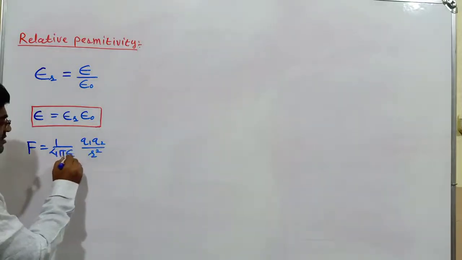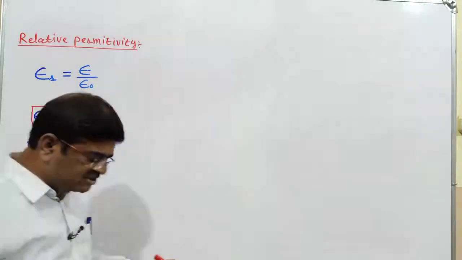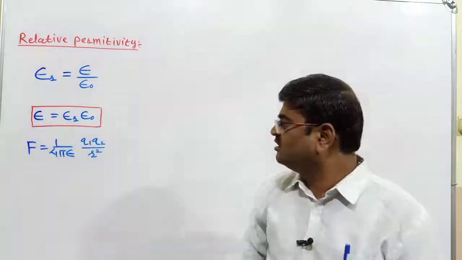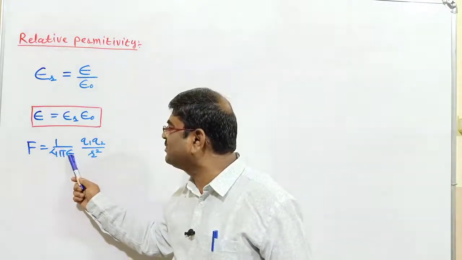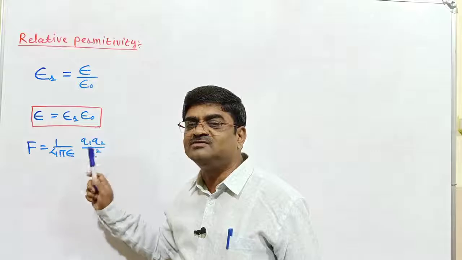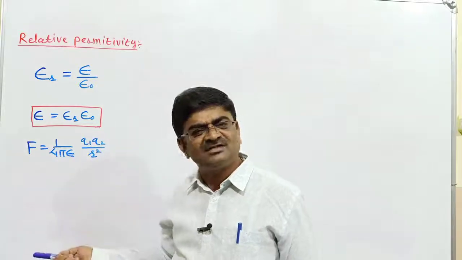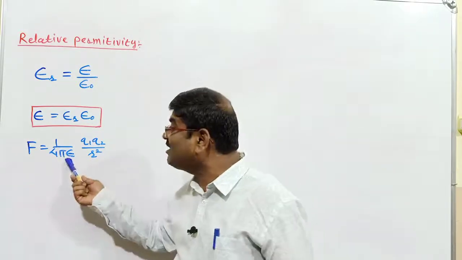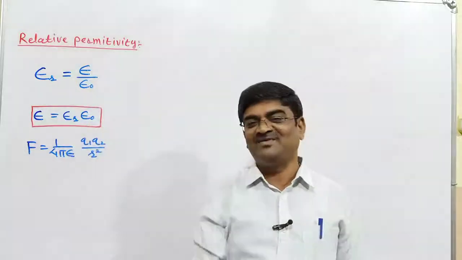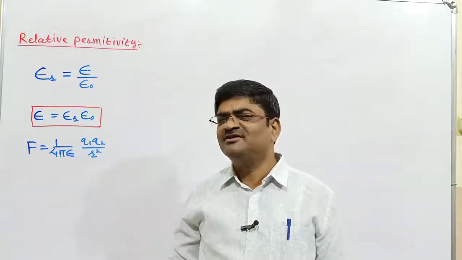Okay, this is epsilon. What do I expect from the term epsilon? Epsilon is the permittivity of the media in which the two charges are present. That's it. But the same I can express in terms of relative permittivity, and generally that we do.